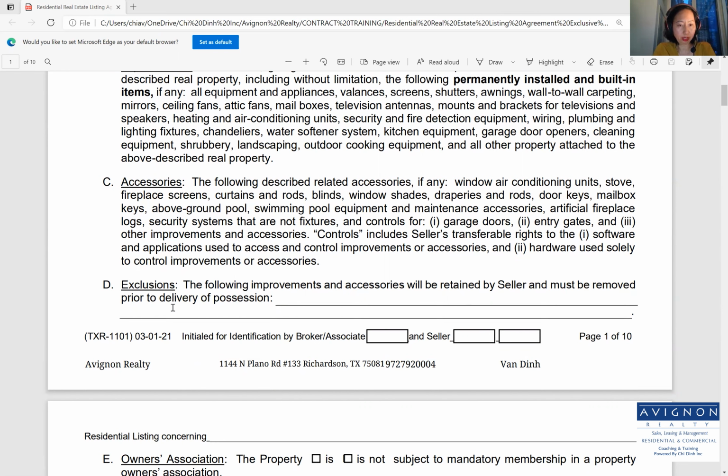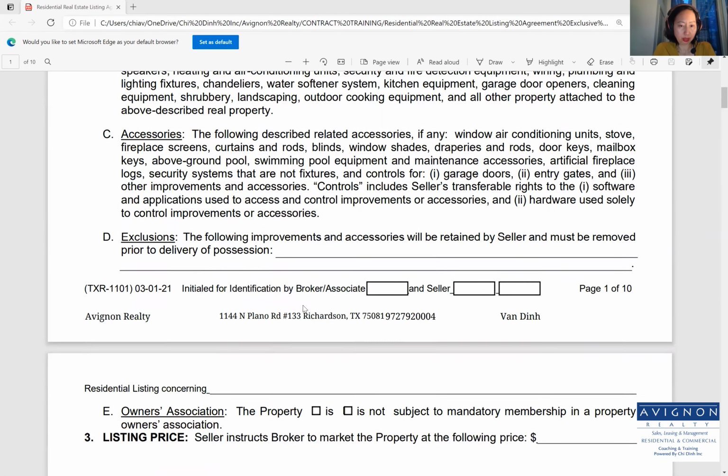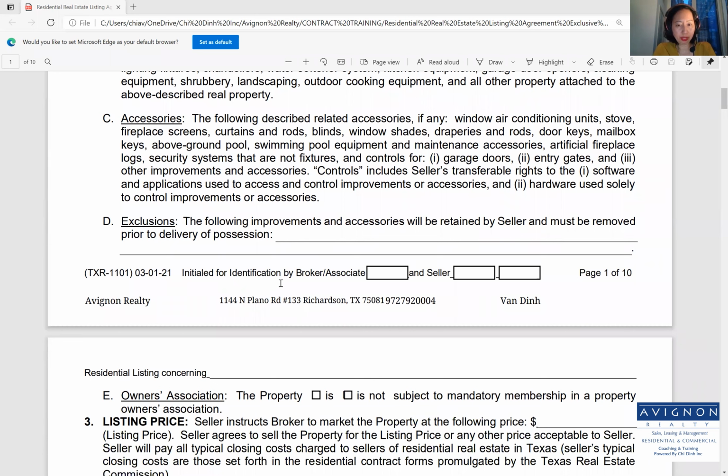And then D, exclusions. The following improvements and accessories will be retained by seller and must be removed prior to delivery or possession. Anything that the seller wants to retain needs to be stated here in D. If there's any initials for identification by broker, associate, and seller, those initials will need to go on the bottom here.